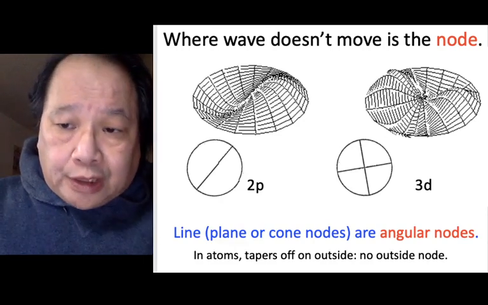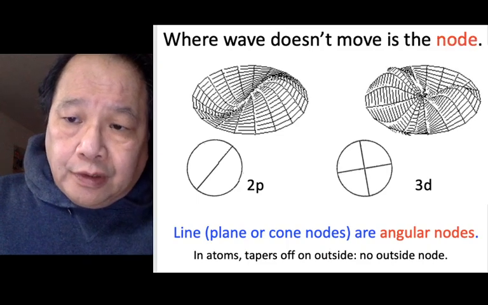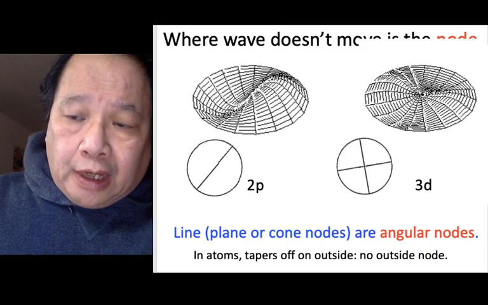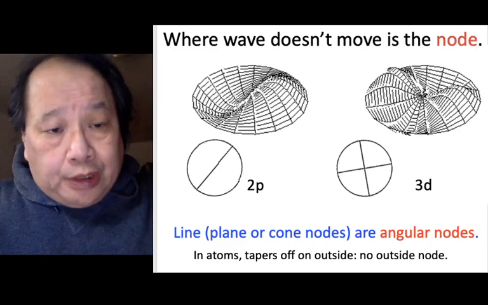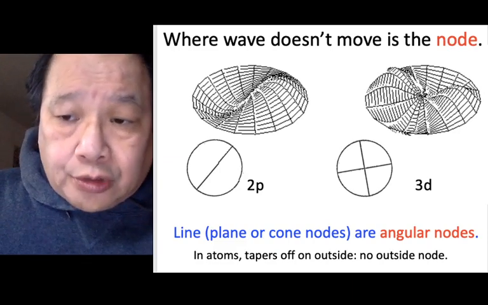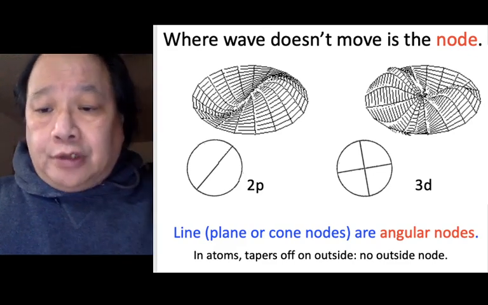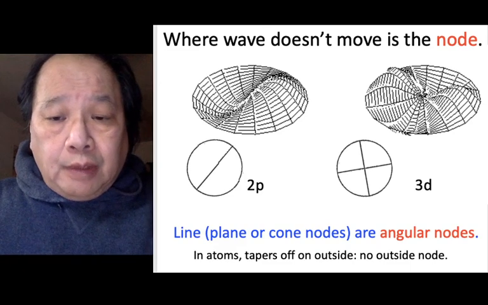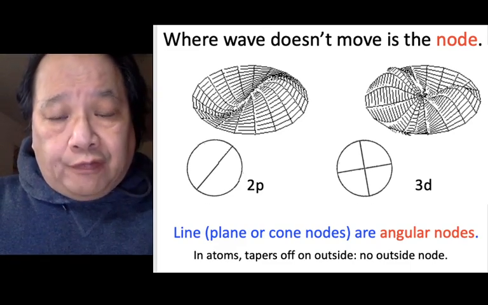How about 3d? How many angular nodes does it have? Here, I'll play it again. How many angular nodes? Put it in chat. So 3d has 2 angular nodes because there are 2 lines where it's not moving, and that's 3d. Put in chat, how many radial nodes does 3d have?